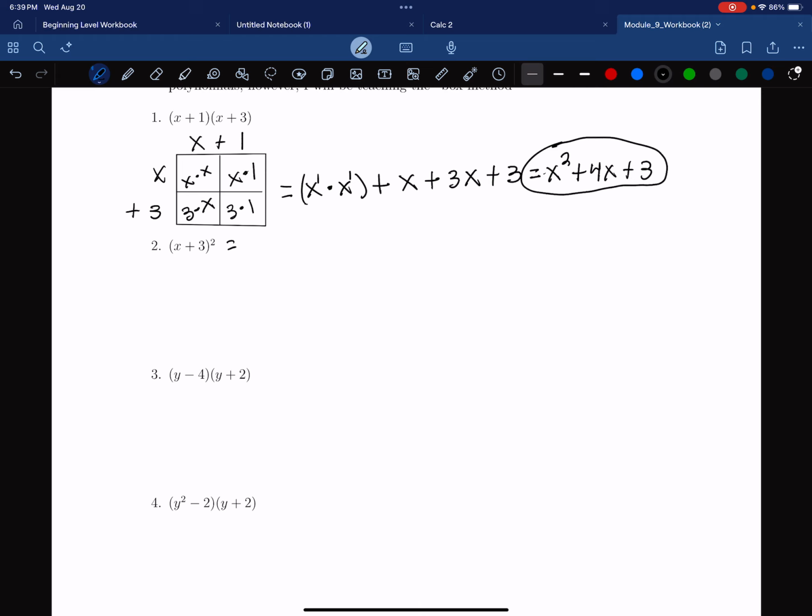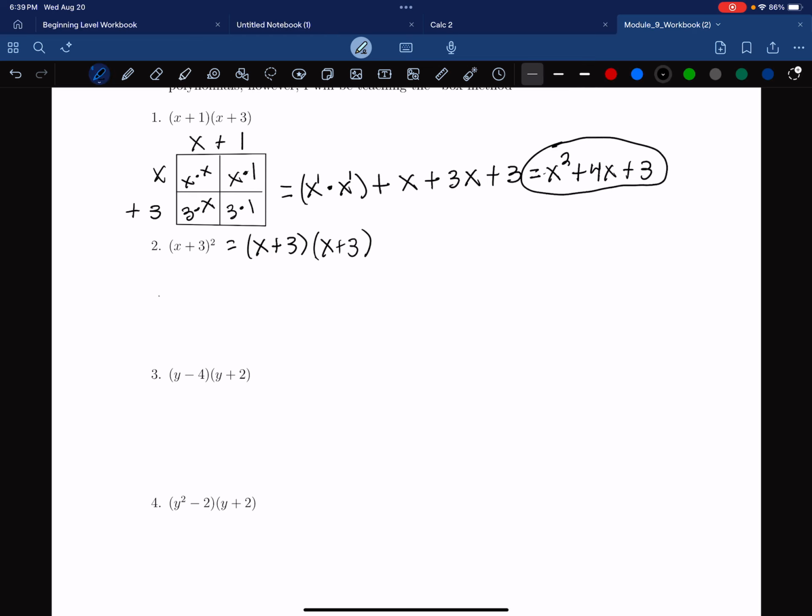So x plus 3 squared just equals x plus 3 times x plus 3. That's what that means. Same thing as if we were to have 3 squared. Well, we know 3 squared is 3 times 3. Same thing here, just we're dealing with letters or variables instead.